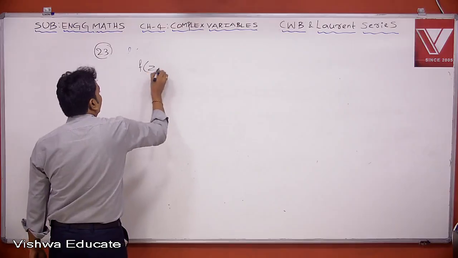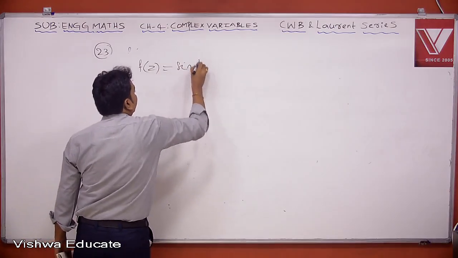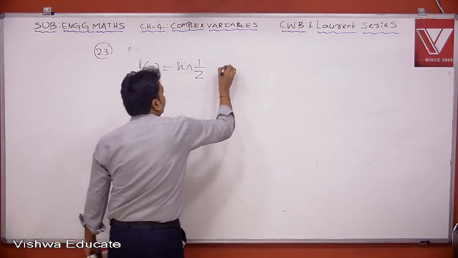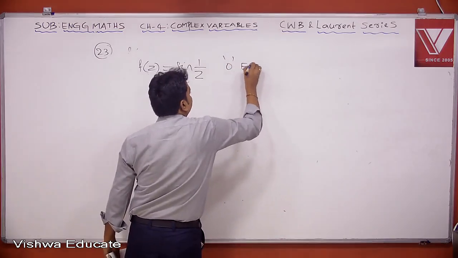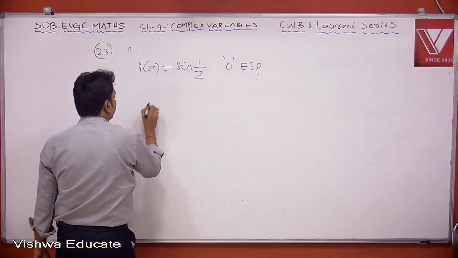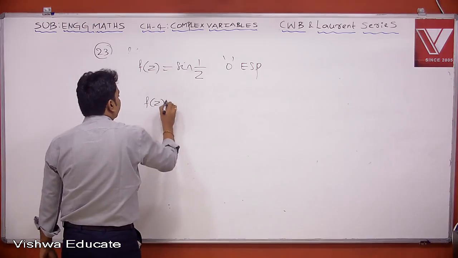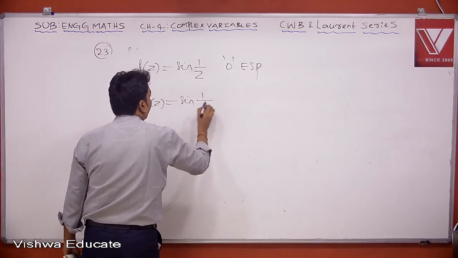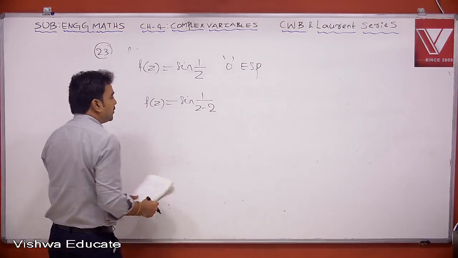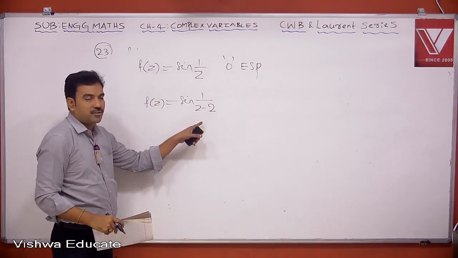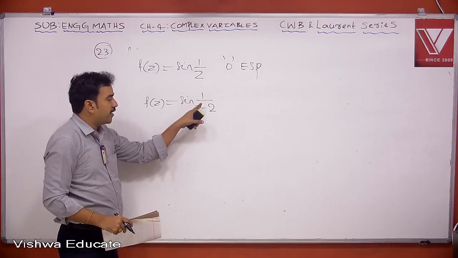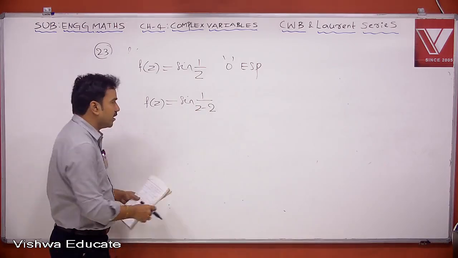F of z equal to sine 1 by z. So it has 0 as an essential singular point. Now when you look at option B, we have f of z equal to sine of 1 by z minus 2. So when you go through series expansion of this, throughout the series we have infinitely many terms of the form 1 by z minus 2.